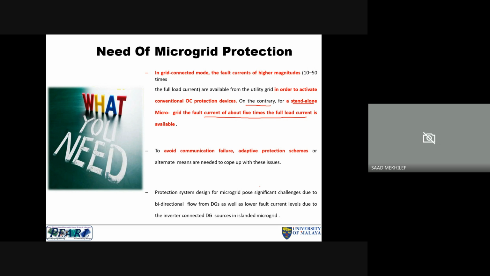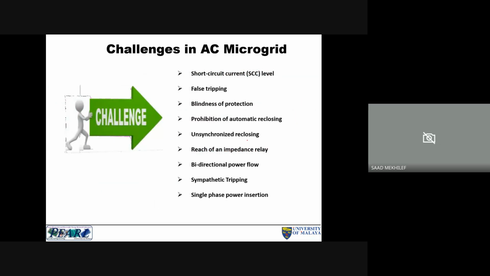Protection system design for microgrids poses a significant challenge due to bidirectional power flow from the DG, as well as lower current levels due to the inverter connected to the grid. These are some of the challenges that we face in the protection of the microgrid.